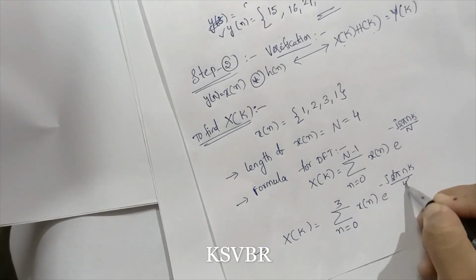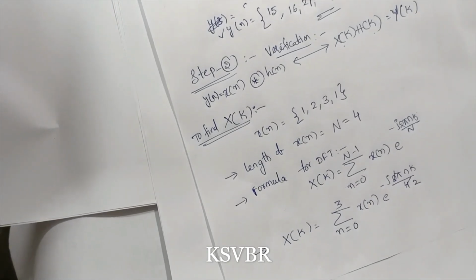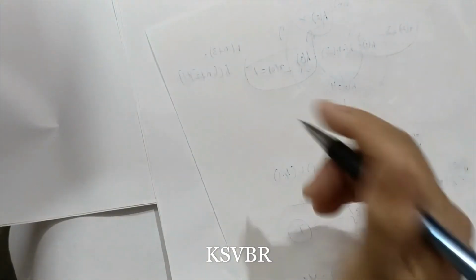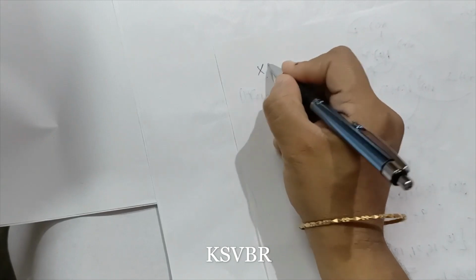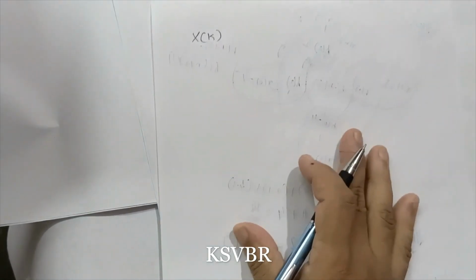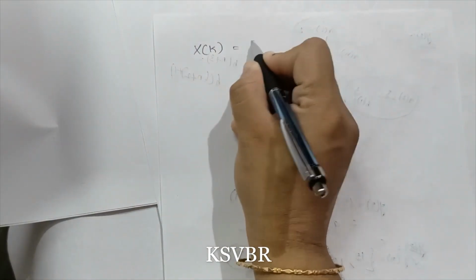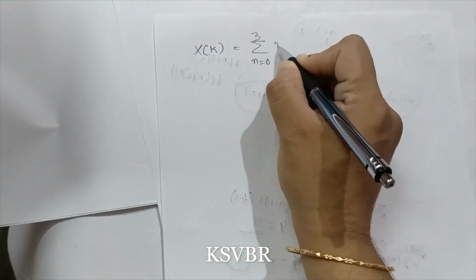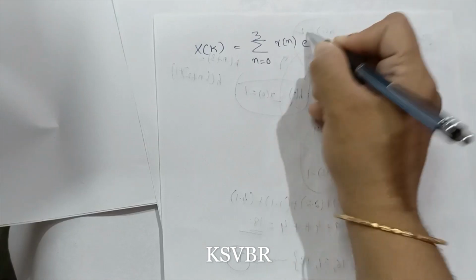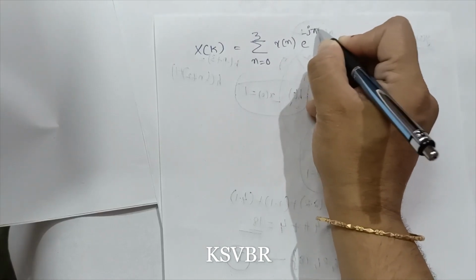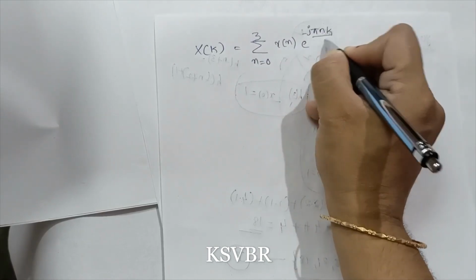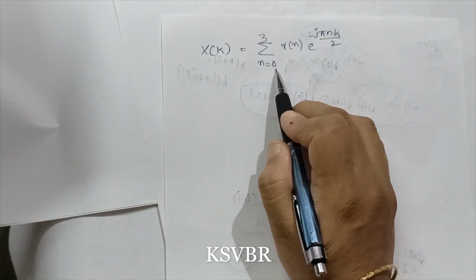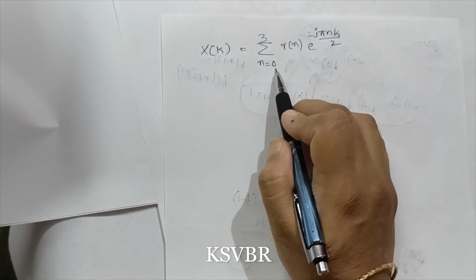So this is 2 1s, this is 2 2s. So now x of k is equal to summation n equal to 0 to 3 x of n into e power minus j pi nk by 2. Okay, so now substitute n equal to 0, 1, 2, 3.